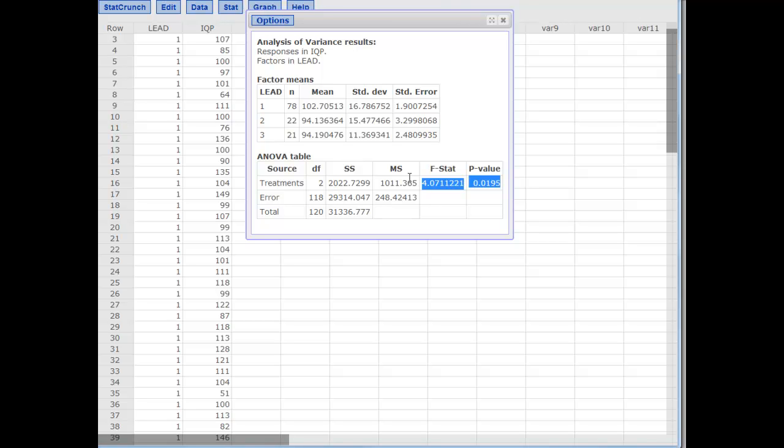We're just testing for a difference, and right here it's pretty obvious that group 1 is the difference. Groups 2 and 3 are identical, more or less. So it looks like the low lead group has a statistically significantly higher average IQ than the medium and high lead groups. Very simple.